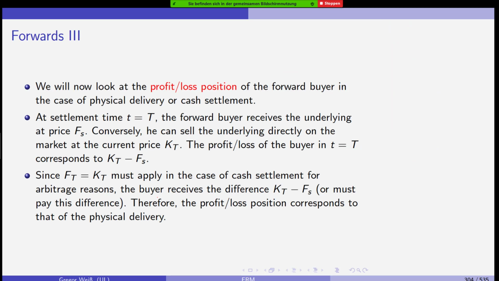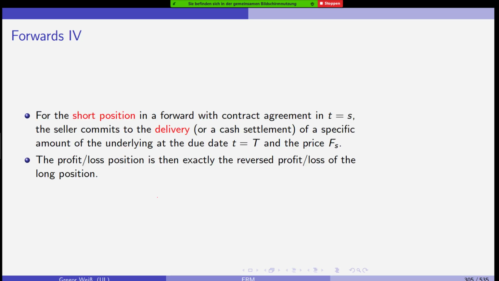Okay. Now, since the spot price in capital T has to equal the forward price for a contract that matures immediately, because F capital T has to equal K capital T, in the case of cash settlement, the buyer receives the difference KT minus FS, or in case of cash settlement, you have to pay the difference. Thus, the profit-loss position corresponds to that of the physical delivery, and it's the same.